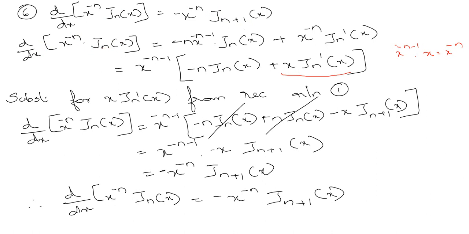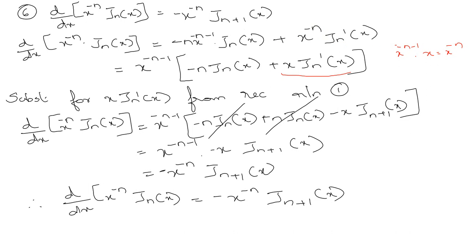Like the previous one, we have to differentiate this. Here both the terms are functions of x, so we need to apply the product formula, where we are going to differentiate x raised to minus n first, which is minus n x raised to minus n minus 1 into Jn of x plus x raised to minus n into Jn dash of x.